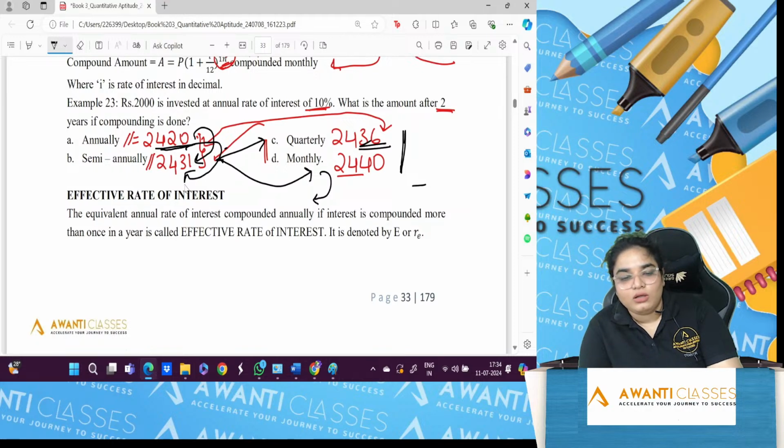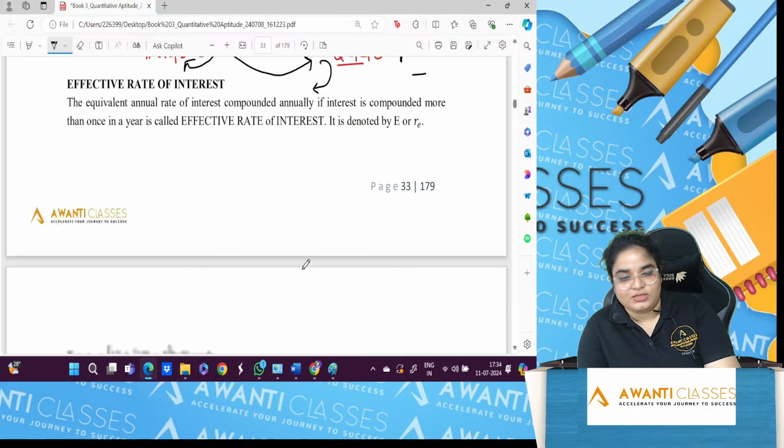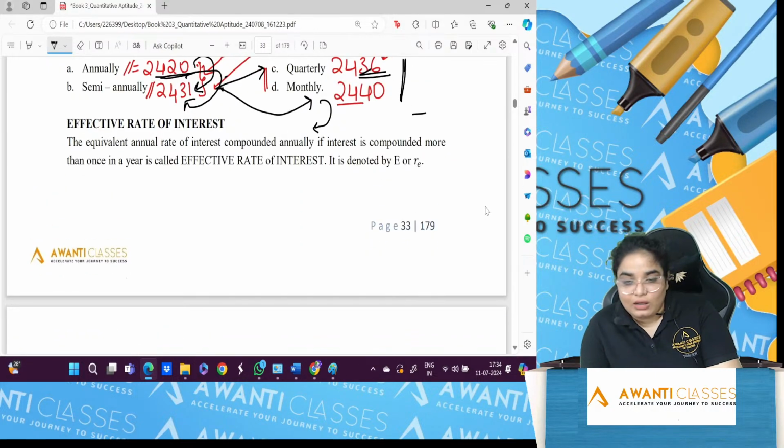So what is the effective rate of interest? Really, what is the rate of interest is called effective rate of interest. When you want to say effective rate of interest, you say E. Look here. E is effective rate of interest.